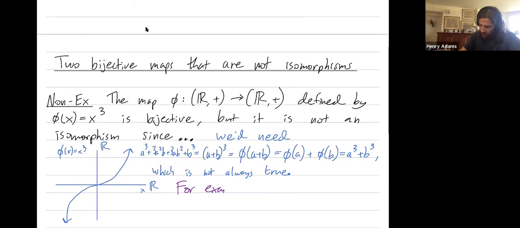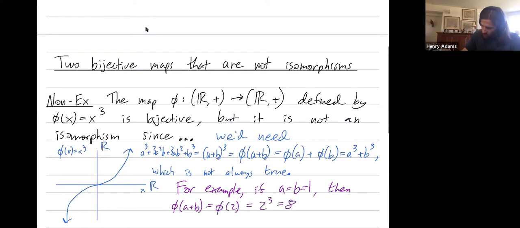For example, if a equals b equals 1, so if both a and b are 1, then phi of a plus b is equal to phi of 2, which is 2 cubed, which is 8.